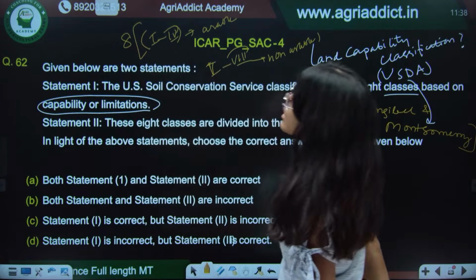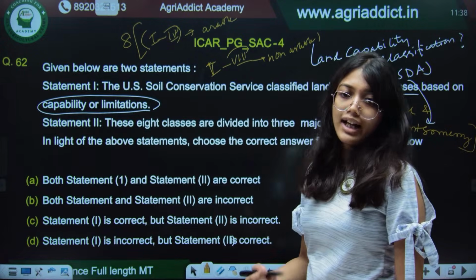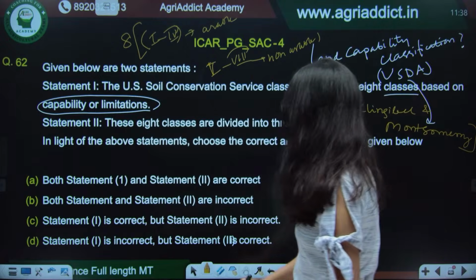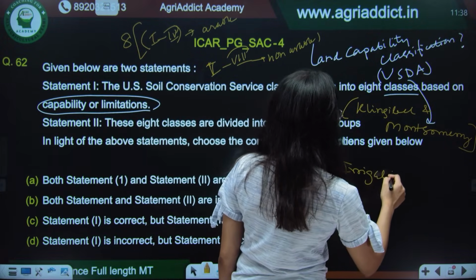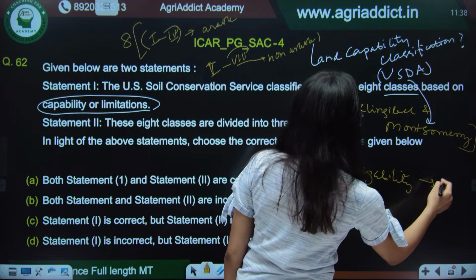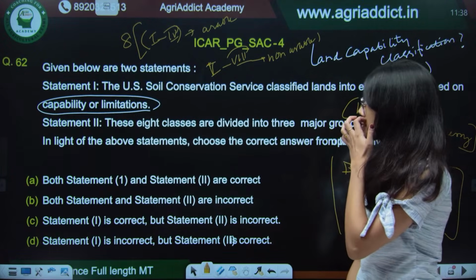Okay. Now, if we move into the land irrigability classification, then for irrigability there are 6 classes. So, please do not confuse between irrigability and capability classification. We have 8 and 6 classes respectively.